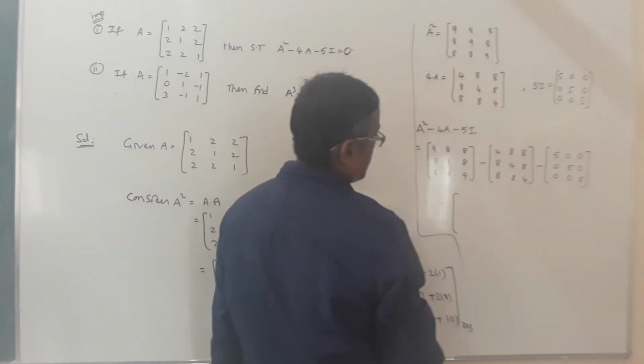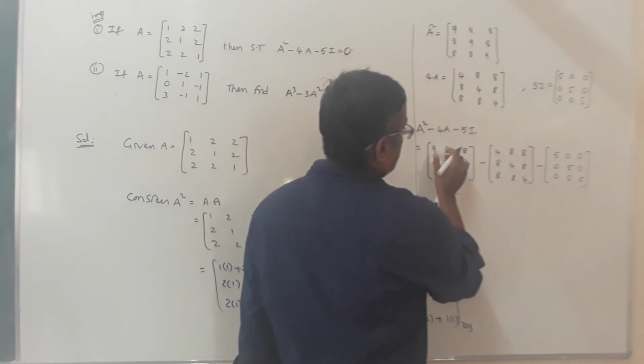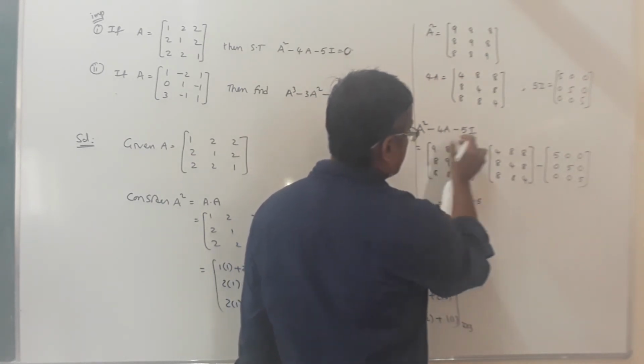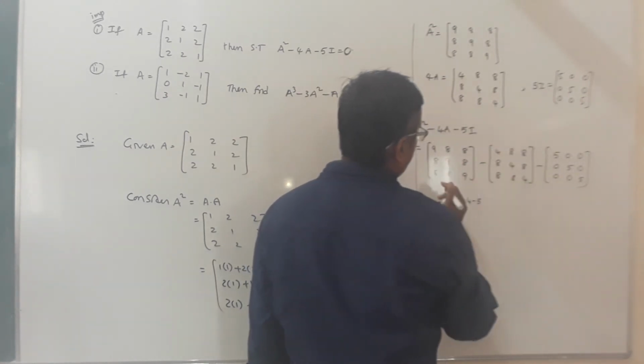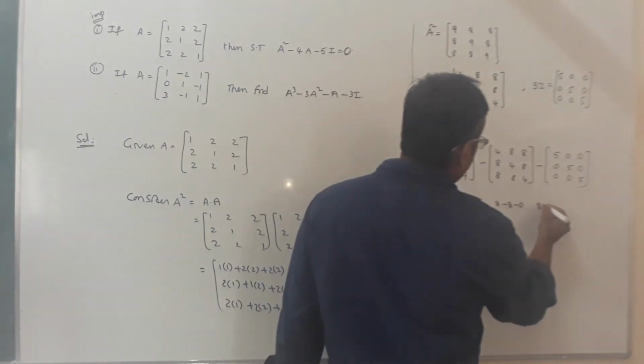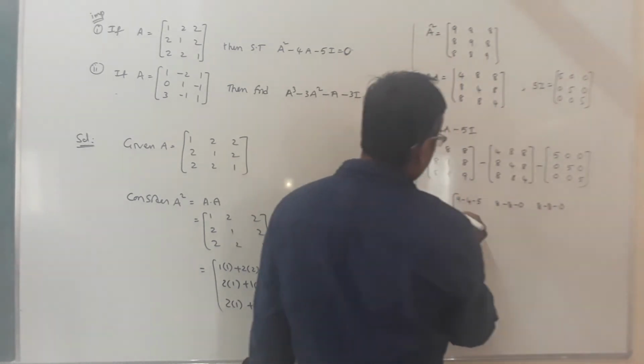So matrix 9 minus 4 minus 5, that is the first element. 9 minus 4 minus 5. 8 minus 8 minus 0. 8 minus 8 minus 0.